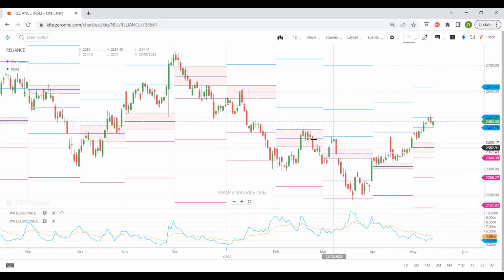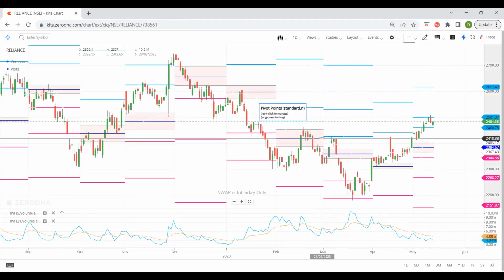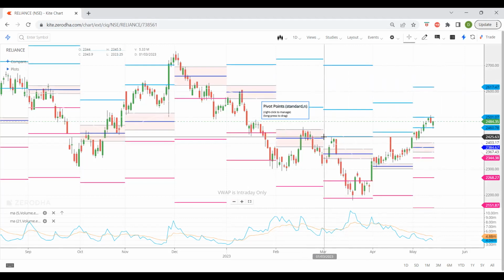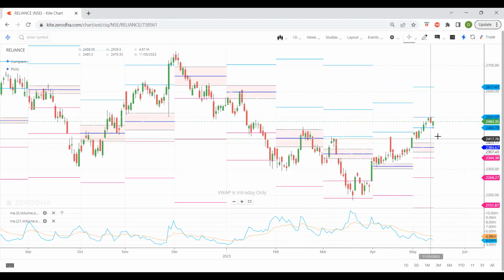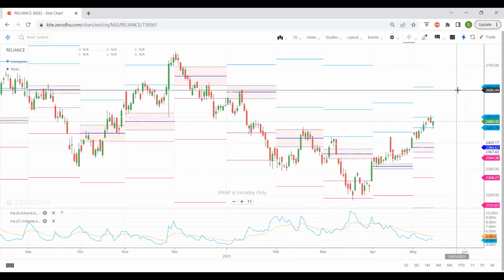Here also we can see it has completed a head and shoulder pattern with neckline at around 2,425 levels. And it's trying to make a move up. If it manages to go above these 2,500 levels, a quick move towards 2,600 levels is very much on the cards.